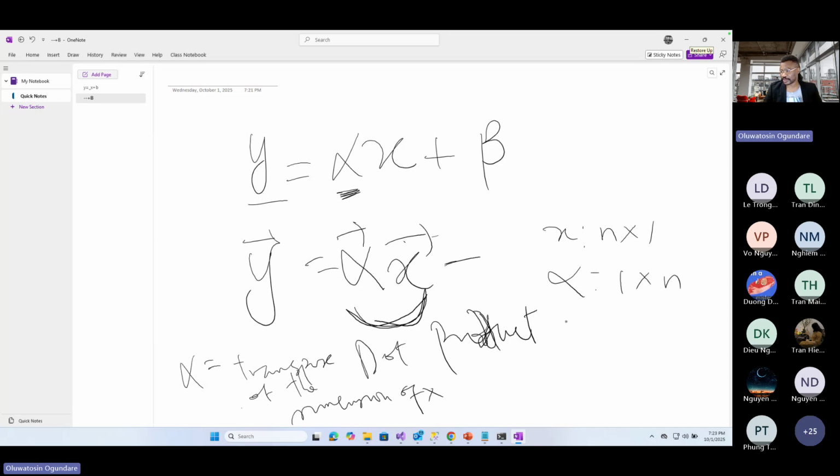And the dot product as such will be 1 by n multiplied by n by 1. And what would this produce? Atran? It is 1 by 1.